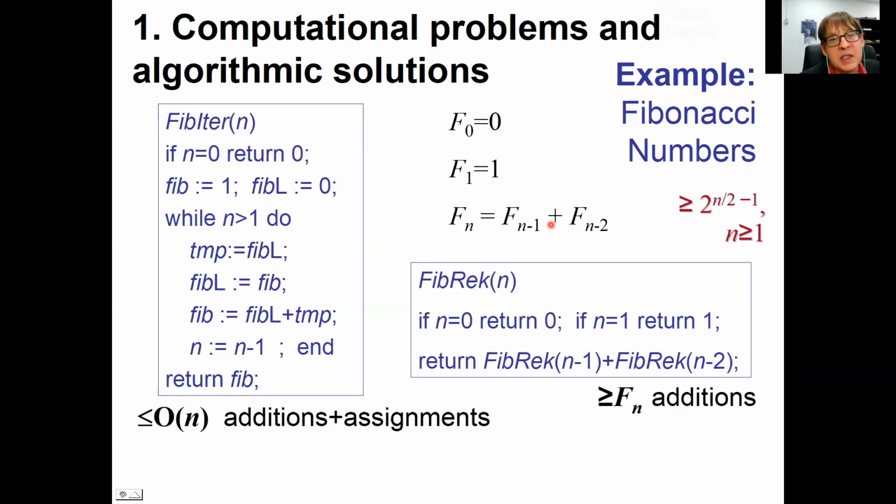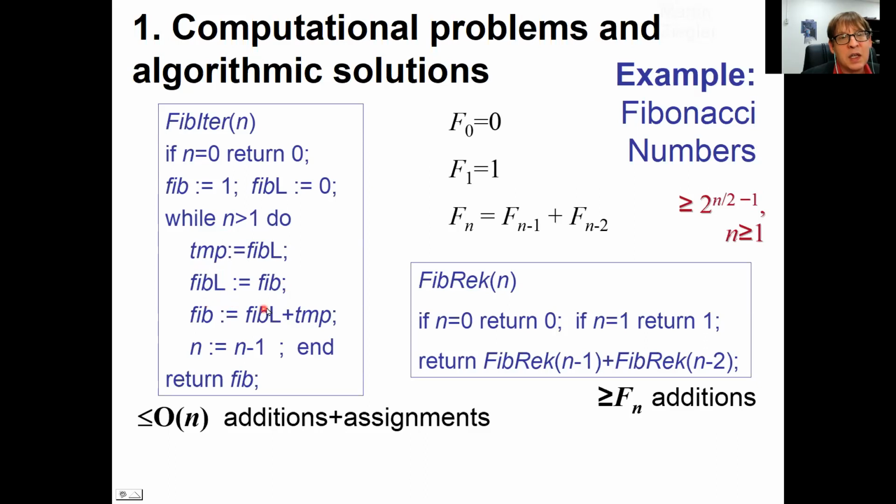The analysis here is also rather simple, namely we only have one loop, and that loop is executed n minus 1 times, because there's an initial n, and in each iteration n is decremented until it reaches the value 1 when it terminates. So that's linear, O of n executions, iterations of this loop.